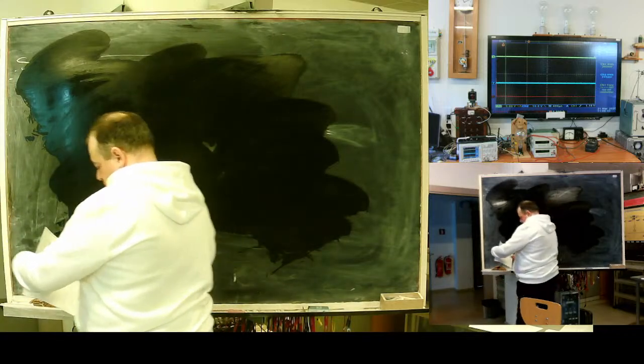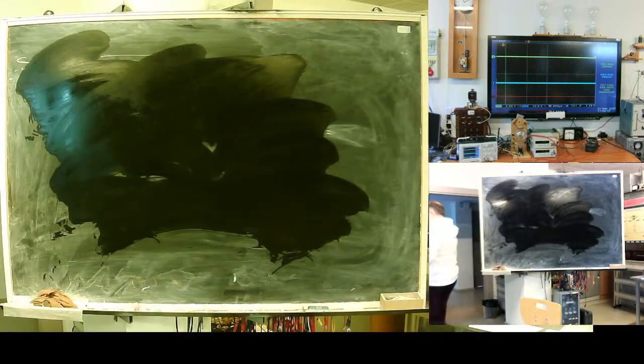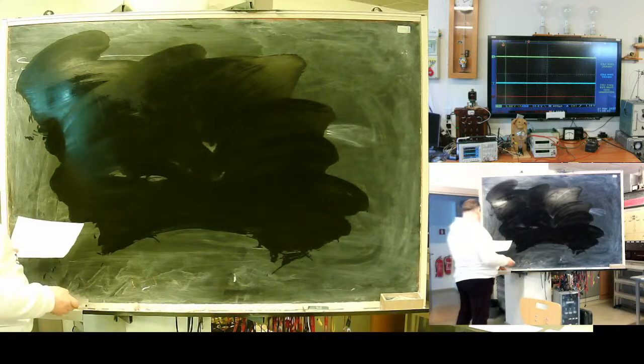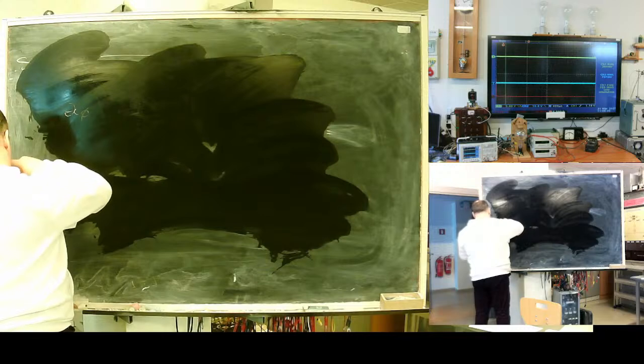And what's the idea? We have some object that can be described with a differential equation.